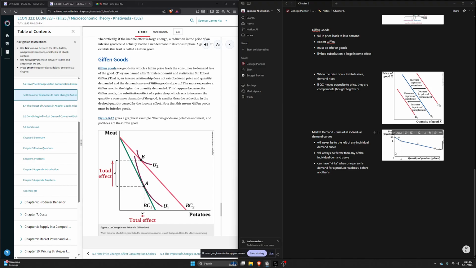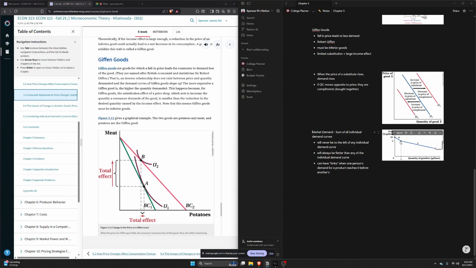Back to the protein drinks. If the chocolate milk protein things are more than $4.50 a bottle, I'm not going to buy anything, but if they're like $2 a bottle, then I'm going to buy a whole lot of them. So I would be on this A curve right here, right? And then my friend, he's got a little bit more money.